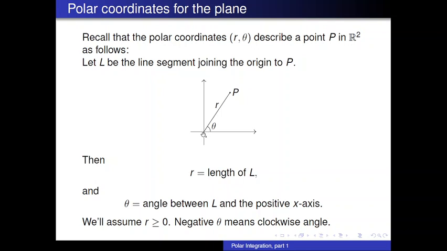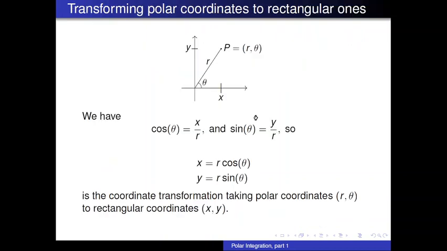Negative radius means we'd count going backwards along the negative x-axis. That's fine. So you can get to a point in the plane via polar coordinates by walking out along the x-axis a distance of r and then turning an angle of theta in the counterclockwise direction.